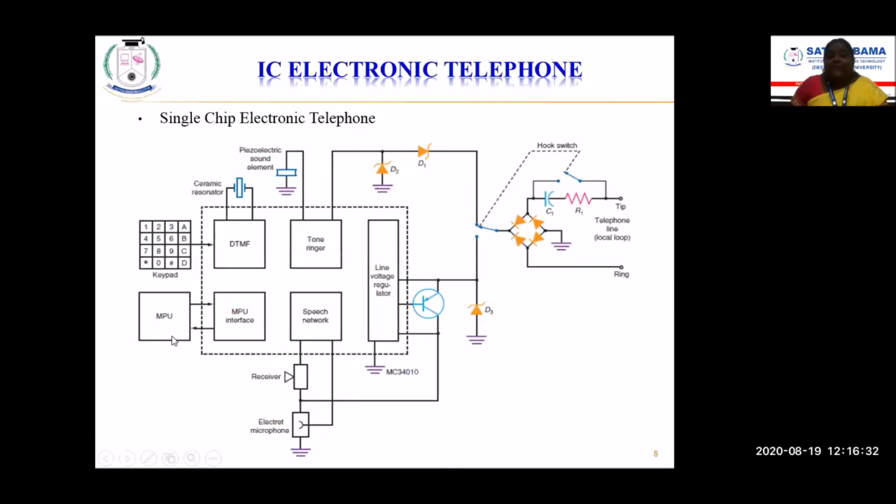And we have the MPU unit. The MPU is the microprocessor control unit or microcontroller control unit, depending upon the version of the electronic telephone design being developed. It has inbuilt memory, some kind of RAM, that helps to store the data.